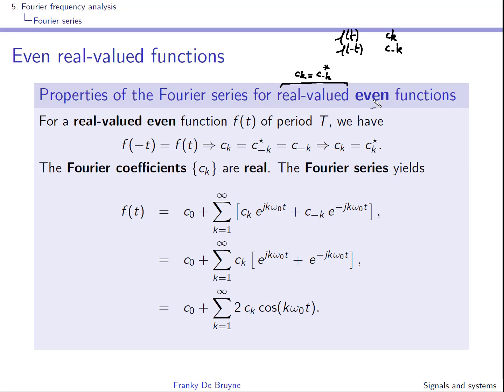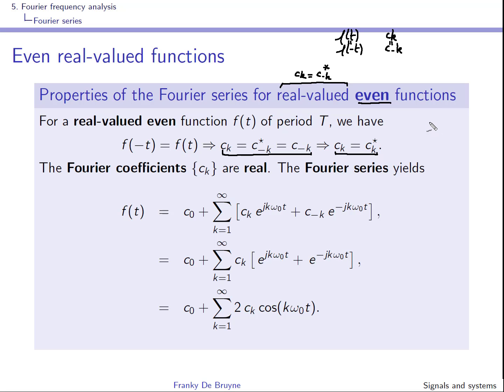If the function is even, we know that these two here are equal, so this means that these two become equal as well. So we now have this relation over here, and this means that ck is equal to its complex conjugate.